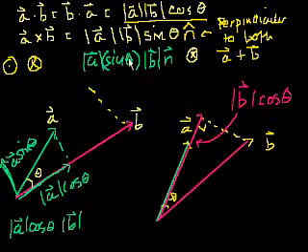So if you take A sine theta times B, you're saying what part of A doesn't go in the same direction as B? What part of A is completely perpendicular to B? Has nothing to do with B. They share nothing in common. It goes in a completely different direction. That's A sine theta. And you take the product of this with B, and then you get a third vector.